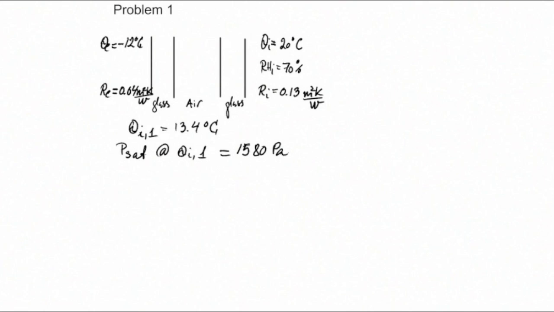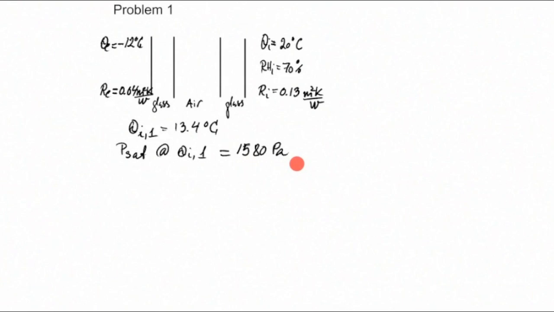I look at the table showing corresponding values of temperature and vapor pressure, and you can see that we are between 13 and 14 degrees, which gives us a saturated amount of water vapor at around 1580 pascals. In the problem, I have written in the saturated amount of water vapor, and it was 1580 pascals.